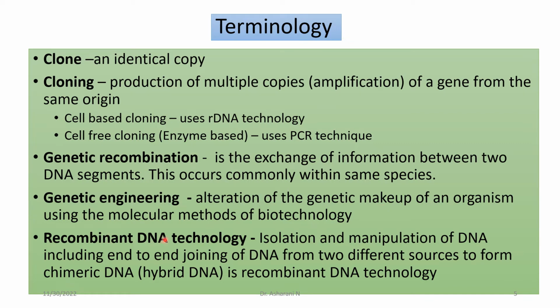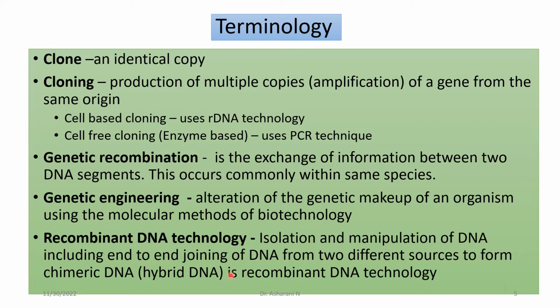Coming to recombinant DNA technology, genetic engineering and recombinant technology are used synonymously, but recombinant technology involves isolation and manipulation of DNA, including end-to-end joining of DNA from two different sources to form a hybrid DNA.